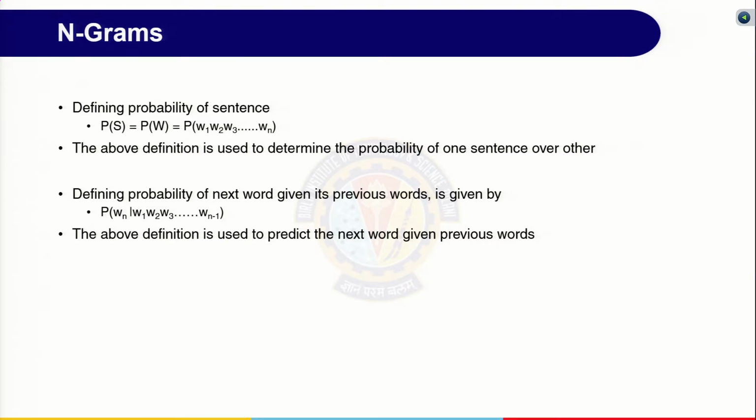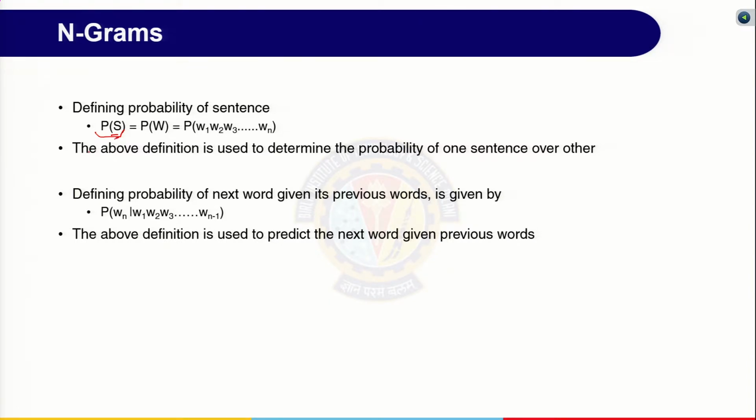Now that we have understood what the applications are, we'll see how we can build such a language model. One of the common approaches followed in language modeling is the n-gram approach. What n-gram says is, given a sentence, let's say "I'm staying in Mumbai", all I need to calculate is the probability of seeing that sentence given a corpus, a collection of sentences.